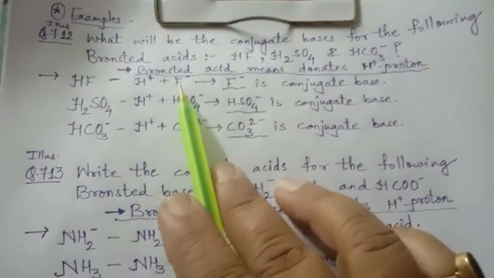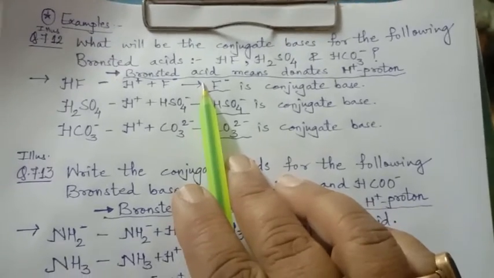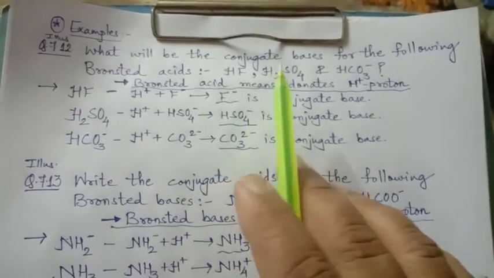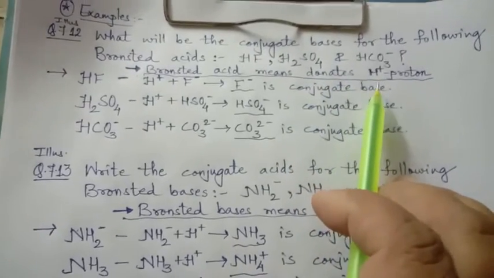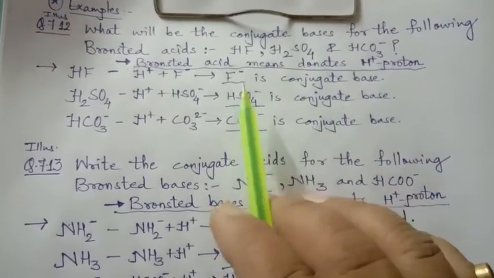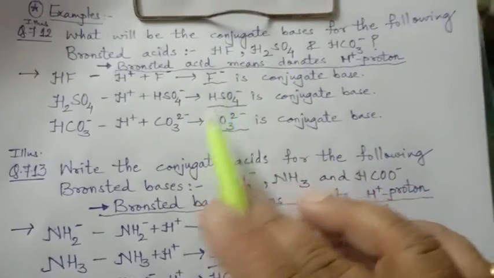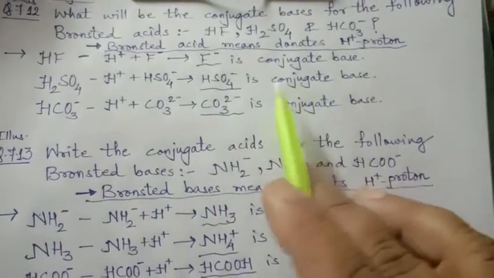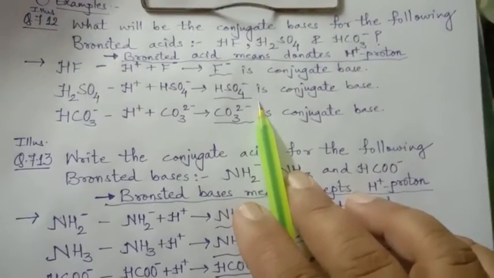Lowry-Bronsted theory says that acid means proton donor, and when a proton is donated from any species, the resulting species after donation of the proton will be considered as the conjugate base.